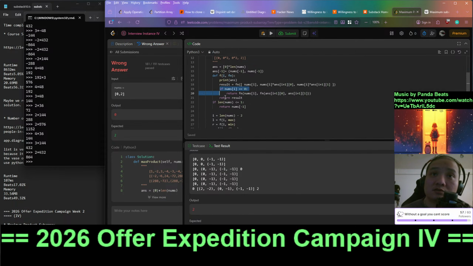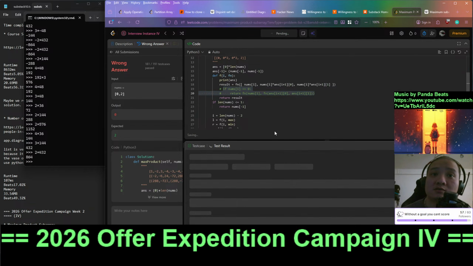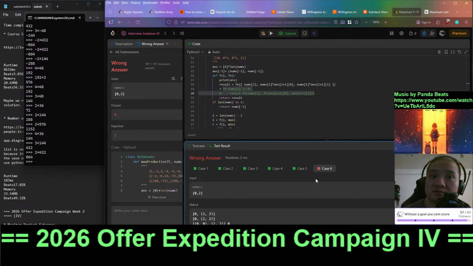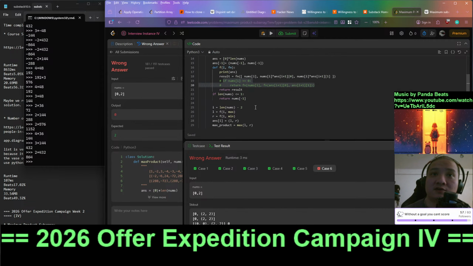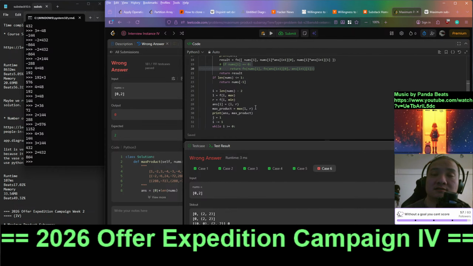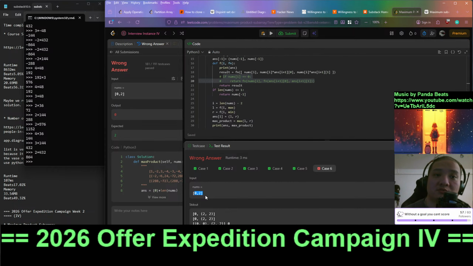Okay. So if we do this, what case did we miss? We would miss one case here, right? So maybe we can do some hacking for the case that it is 2 elements, right?